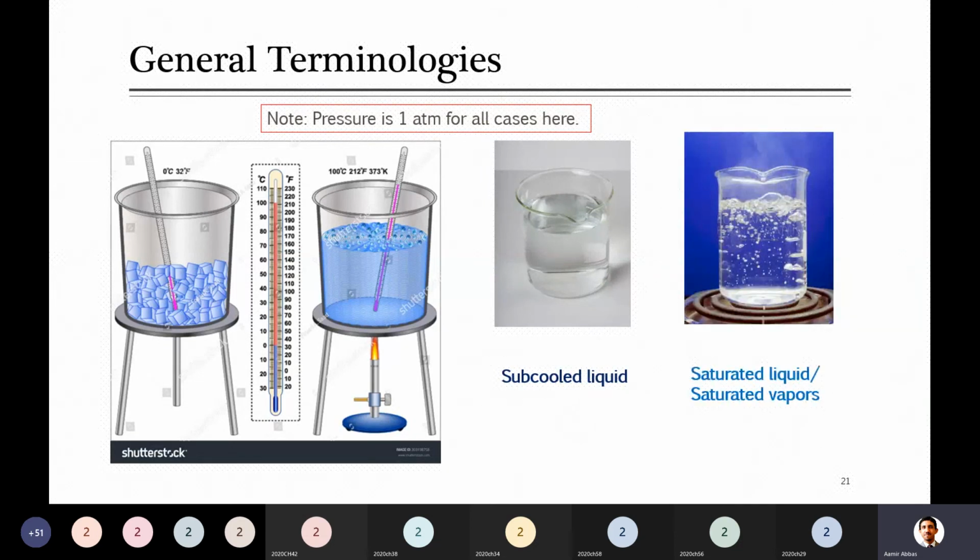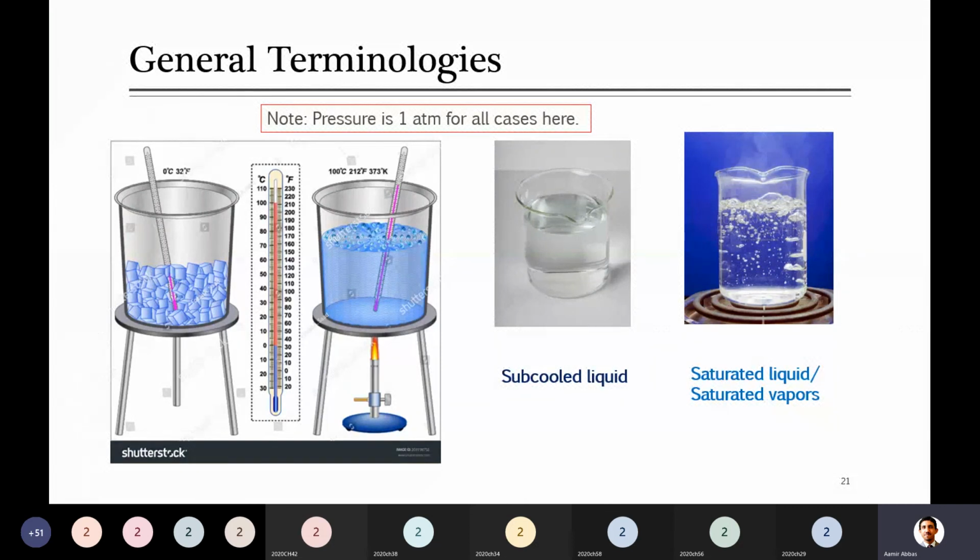Then when you keep on raising the temperature and reach the saturation temperature of the liquid, phase change starts. And you know that when the temperature reaches 100 degrees C, the water temperature is 100, and at the same time the vapor formed will also be at the same temperature of 100 degrees C. So at this temperature the liquid is called saturated liquid because it is at its saturation temperature, or its phase change temperature.